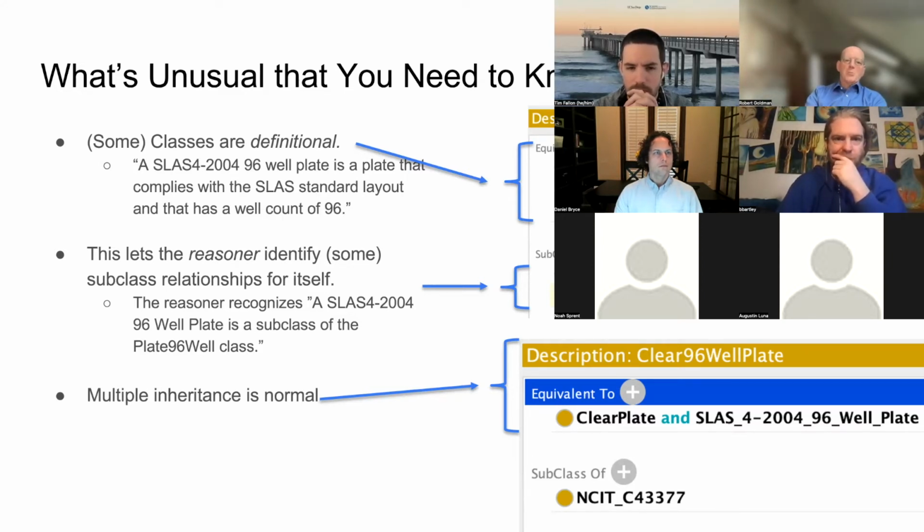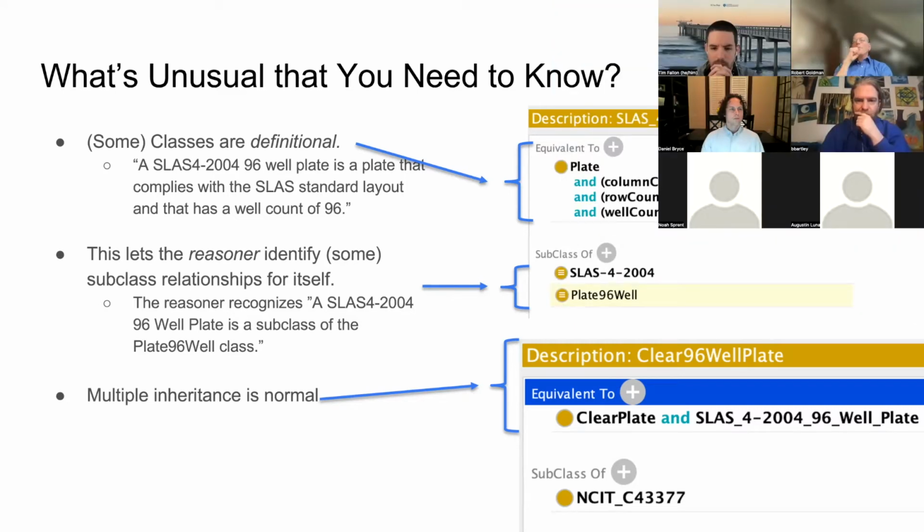It's a plate that complies with this standard. Okay, so there are things that we just assert about it, but then there are also things that the system will infer. Like here, it infers that this is a 96 well plate. I didn't have to assert that for it.